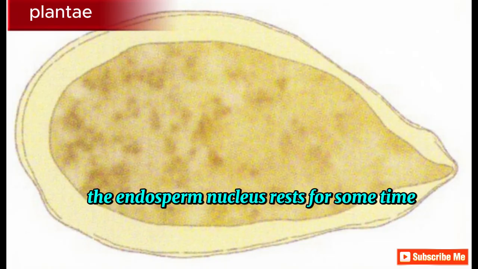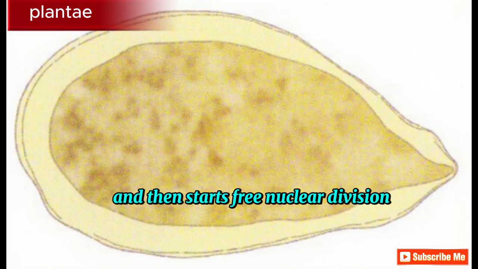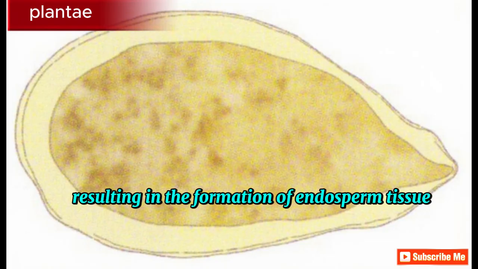The endosperm nucleus rests for some time, and then starts free nuclear division, resulting in the formation of endosperm tissue.